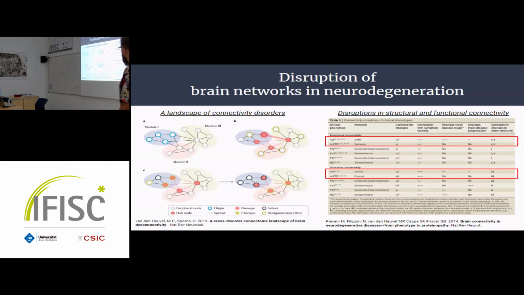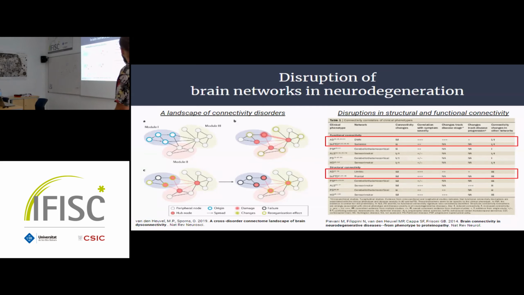Another idea will be that there's some damage in a specific network that propagates through other modules, and that some other nodes will compensate this damage that is propagated. There are also other ways of thinking about how damage in the brain or some accumulation of proteins could propagate and impact at a network level.